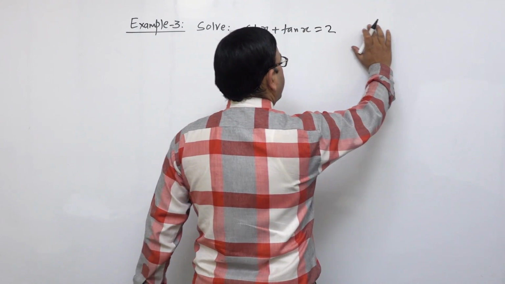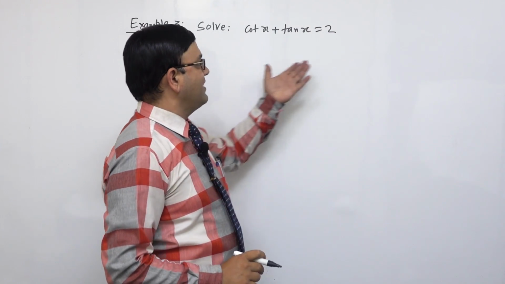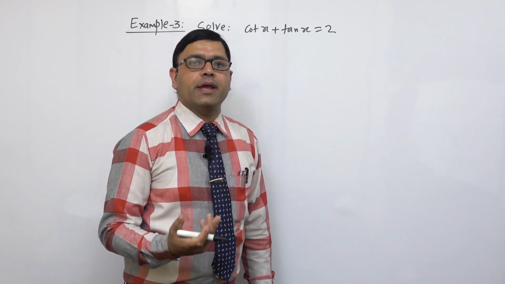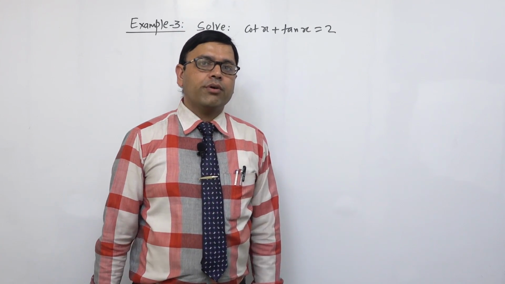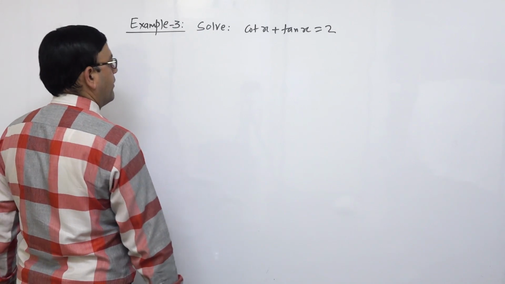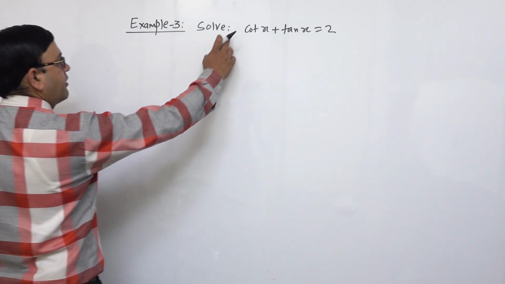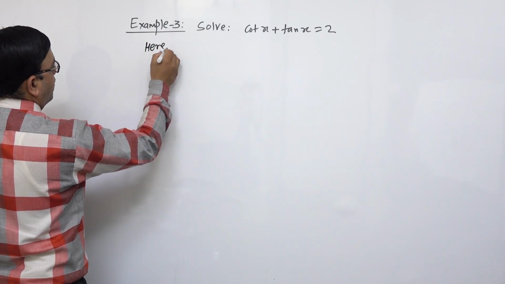Here there is no range given, such as 0 degrees less than or equal to x less than or equal to 2 pi, 3 pi, or 4 pi. So how can we solve this question? Now let's look at the solution.